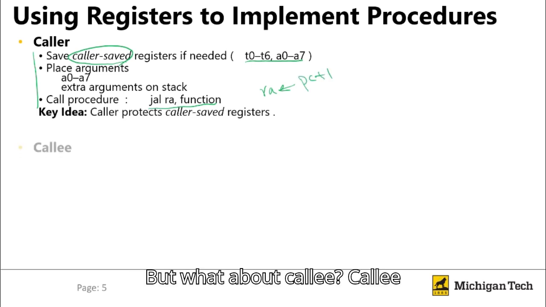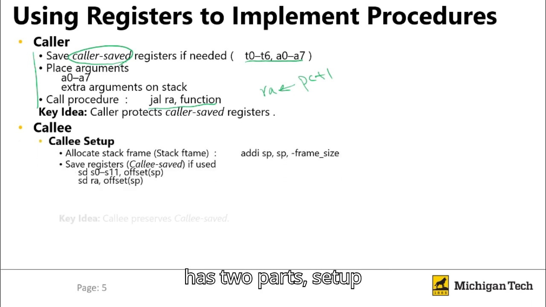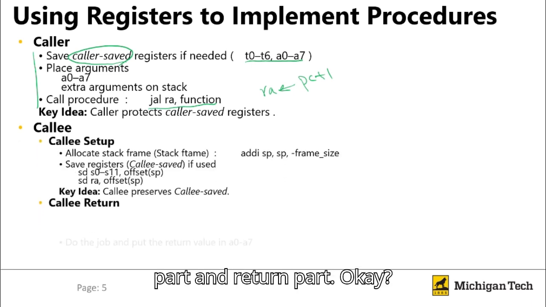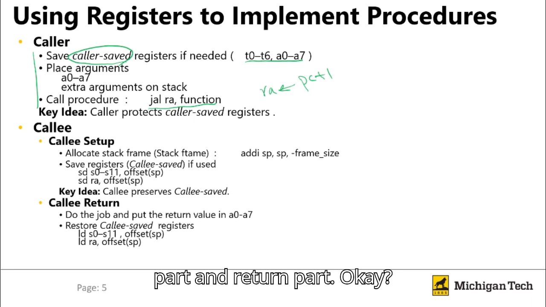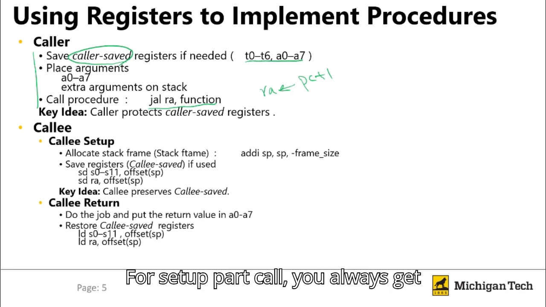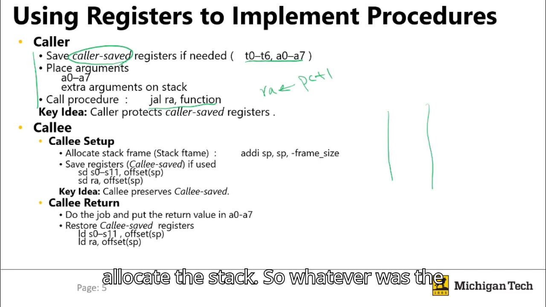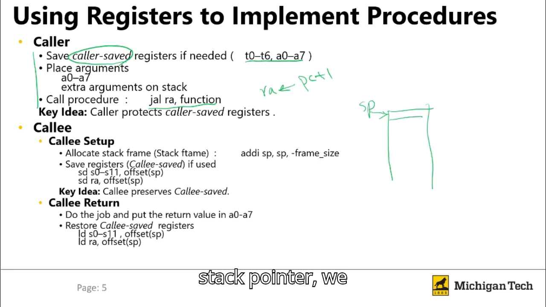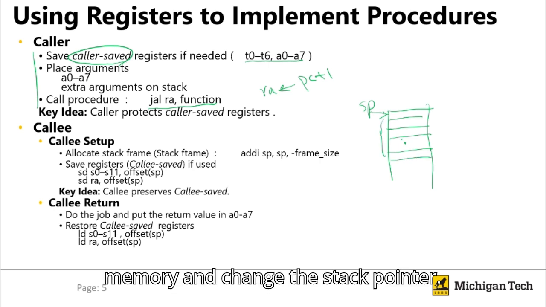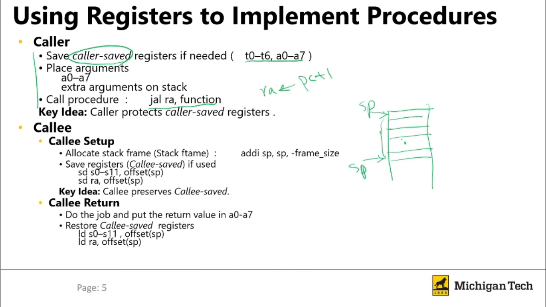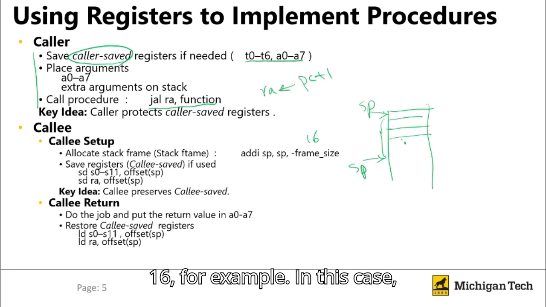But what about the callee? The callee has two parts: setup part and return part. For the setup part, the callee always allocates memory, allocates the stack. So whatever the stack pointer was, we get new memory and change the stack pointer. For example, we can get 16.